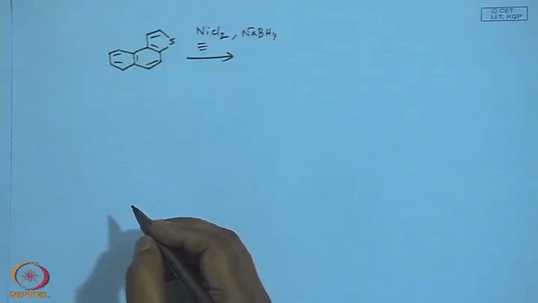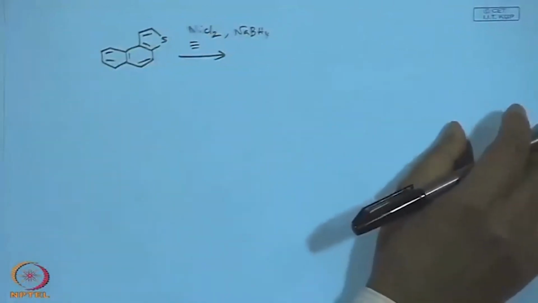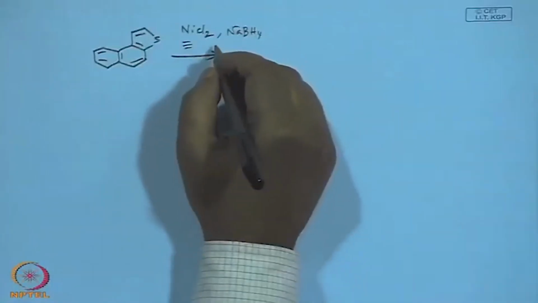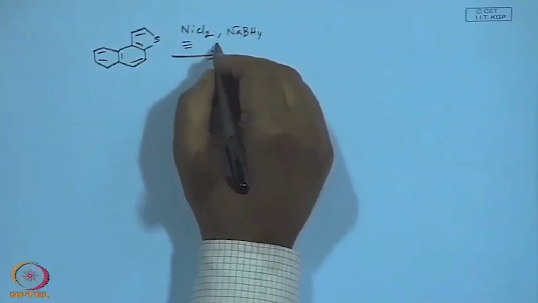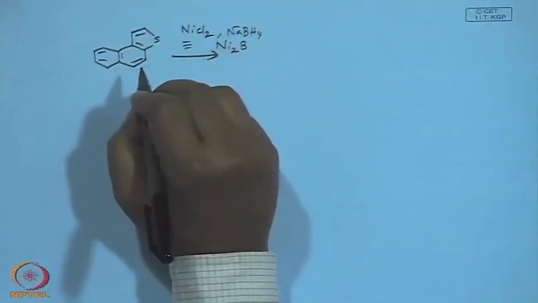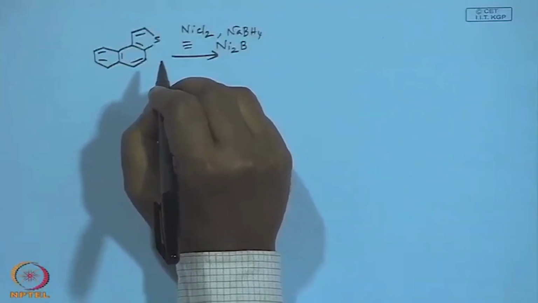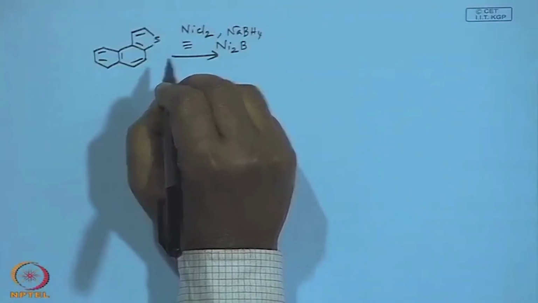It is not very high level chemistry we have been talking about, very low level chemistry. What is it? Nickel boride. The formula is Ni2B. I do not know why Ni2B, but this is the formula given by all the books. This is known as nickel boride.